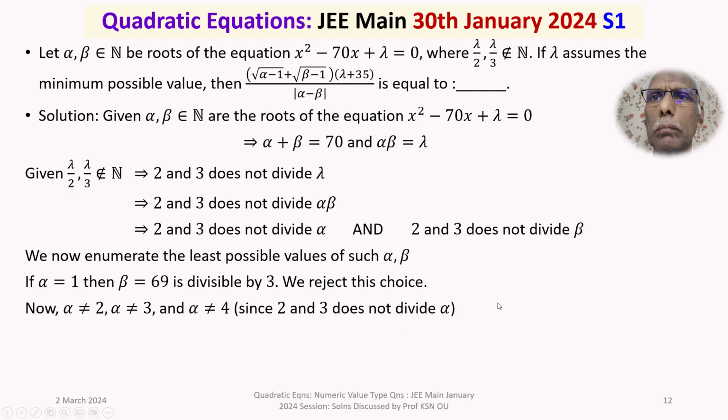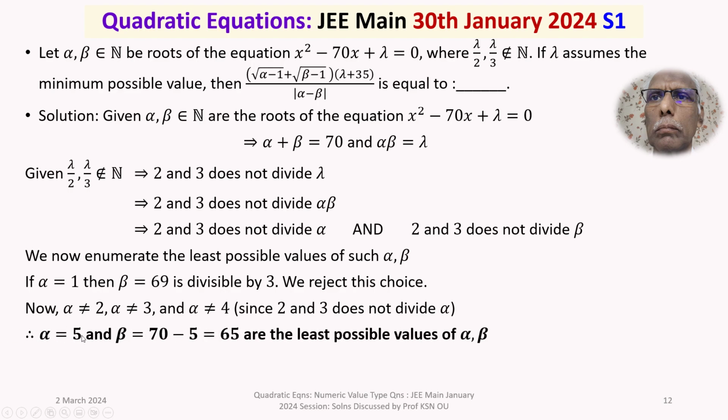So the least one is α = 5. When α = 5, α + β = 70 implies β = 70 − 5 = 65. Now see, 2 and 3 do not divide α, and 2 and 3 do not divide β, that is 65 also. So these are the least possible values of α and β.